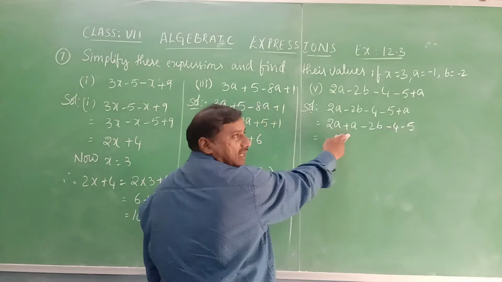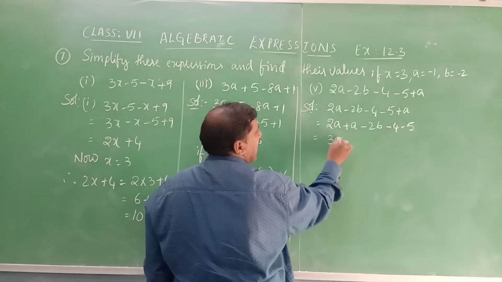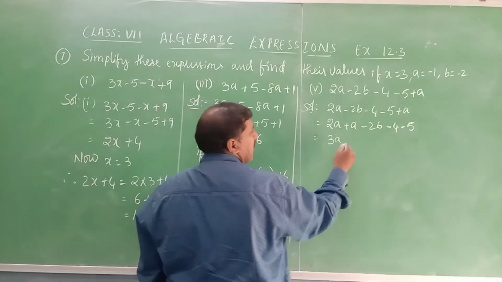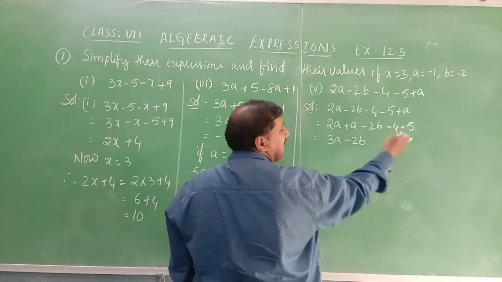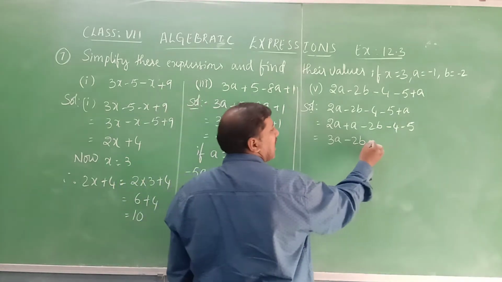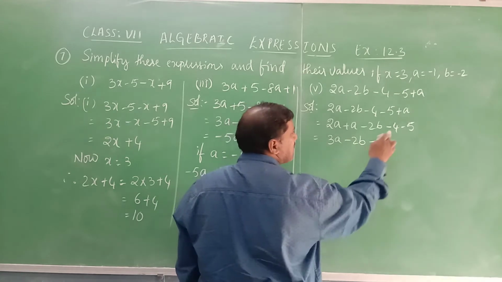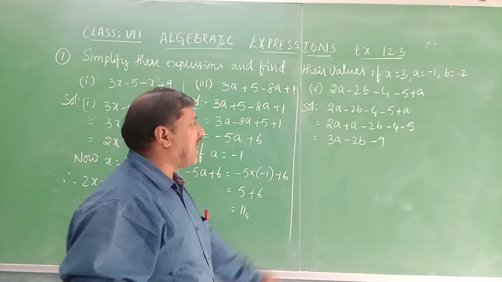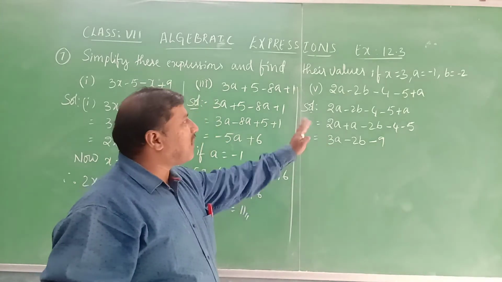Simplify now. 2a plus a is 3a, since a means 1a, 2 plus 1 is 3a. Minus 2b, minus 4 minus 5. Both are of the same sign, so add the numbers and keep the common sign, that is minus. 4 plus 5 is 9. 3a minus 2b minus 9 is the simplified form.